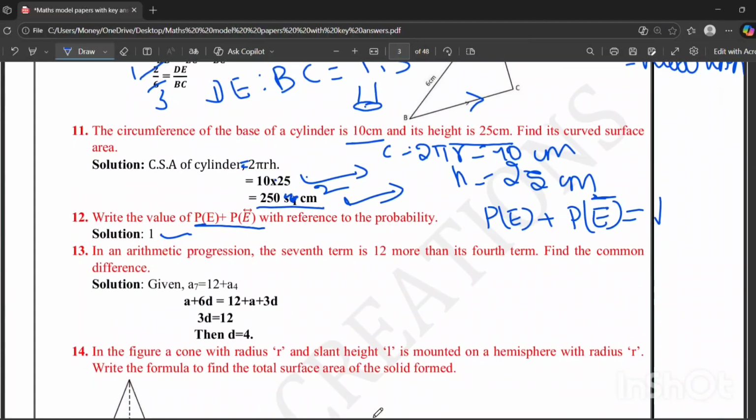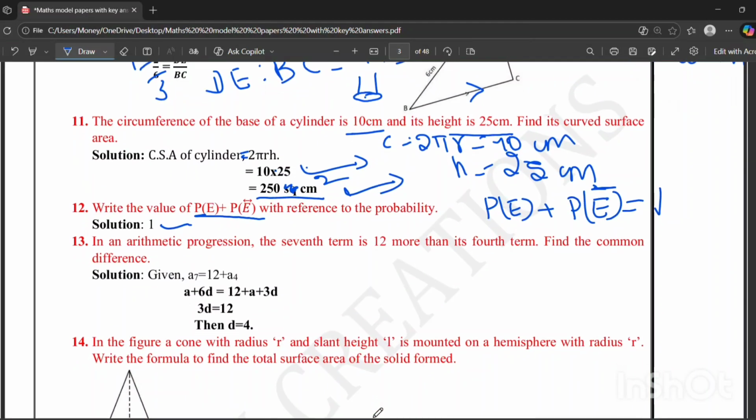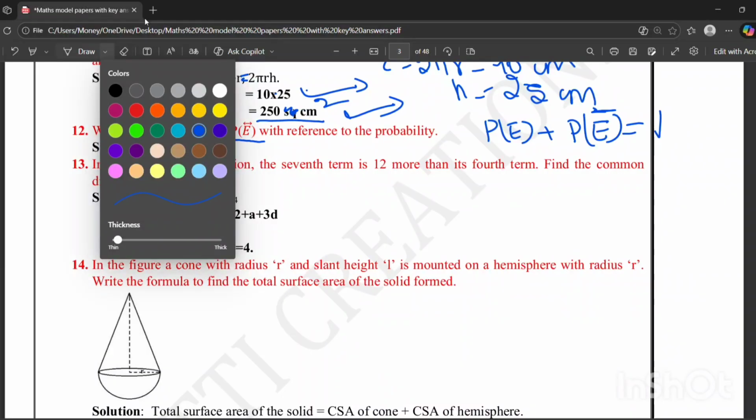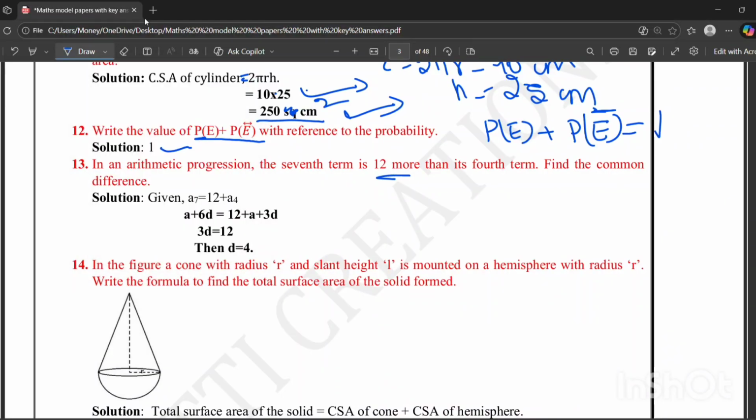Next question. In an arithmetic progression, the 7th term is 12 more than its 4th term, means A7 equals 12 plus A4.